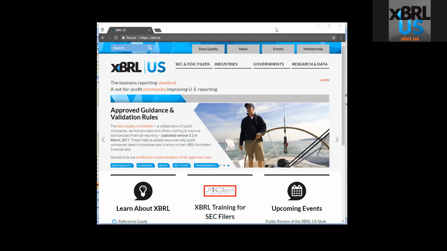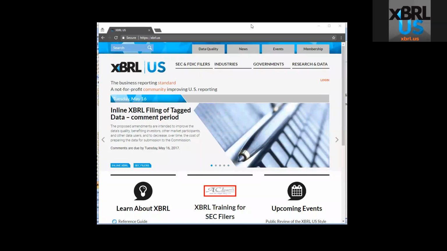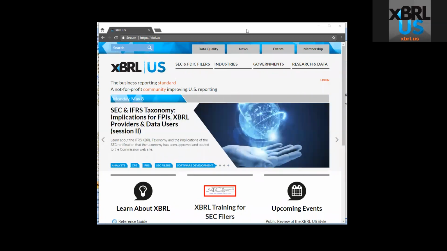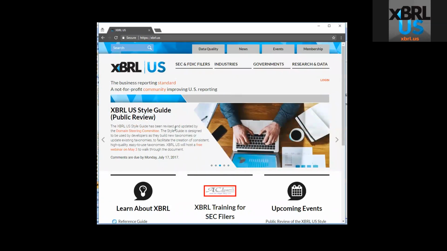Homepage of XBRL US. I'll step through this really quickly. There are actually several different ways to get to the document for public review. You can do it online, you can download it and review it offline. So starting from the homepage of our site, if you wait for the carousel, it will eventually come up as the XBRL US Style Guide. Click it, you'll get to the document.